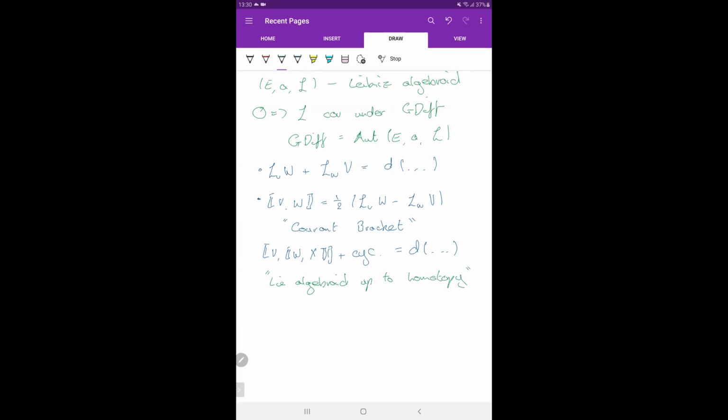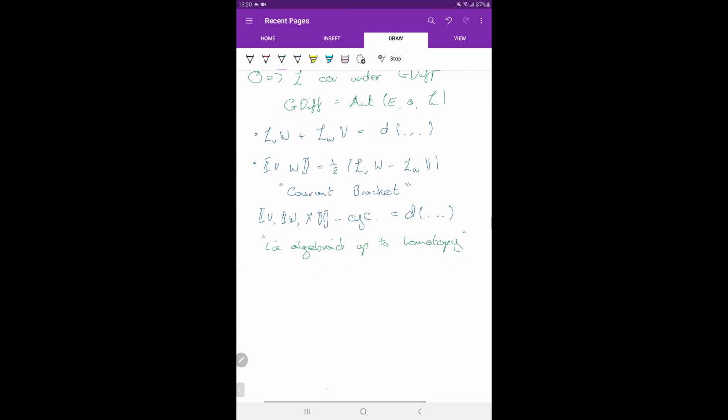So I think Alex in the next talk will talk a little bit more about these kind of ideas. And finally, I should say that the collection E, A, the inner product eta, and this antisymmetric bracket define a Courant algebroid.